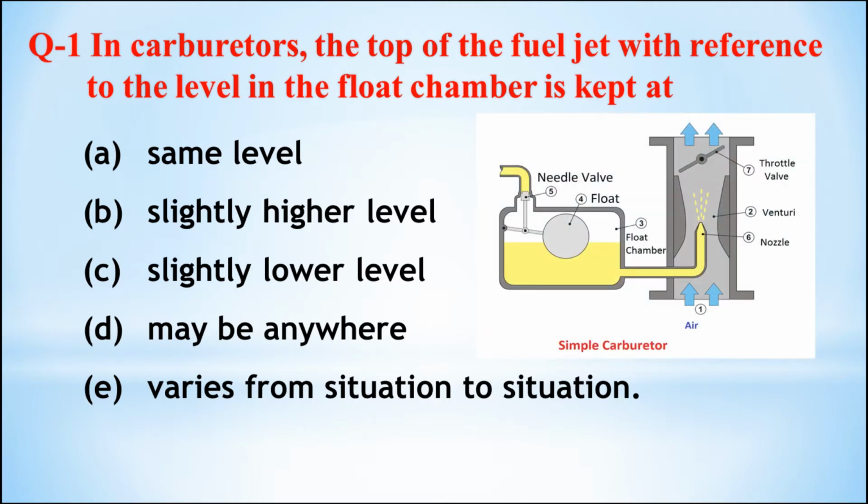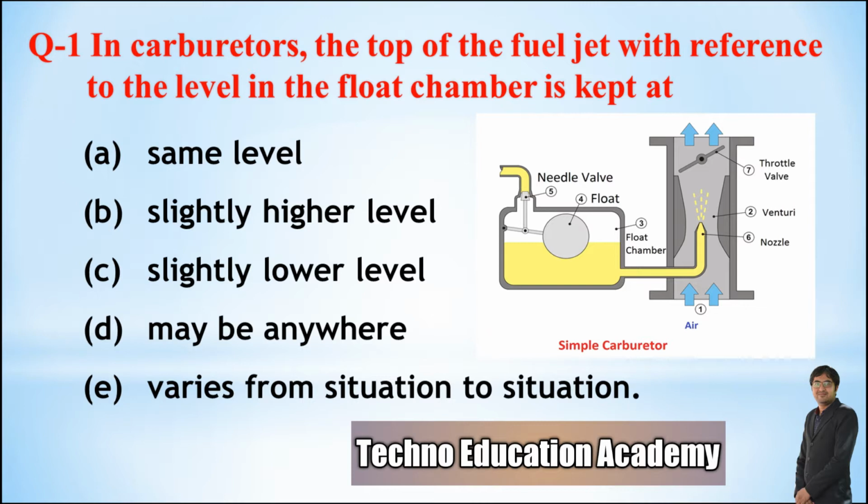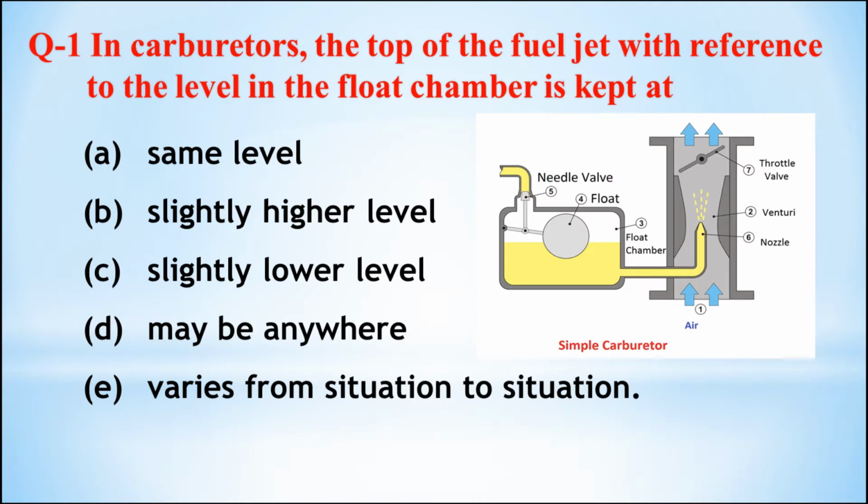We know that the function of the carburetor is to mix the petrol and air and supply it to the petrol engine. Nowadays we are using electronic fuel injection system, and the carburetor is only used in our bikes. The mixing process that occurs in the carburetor is called the carburation process. Here you can see the level of the float chamber and the level of the nozzle.